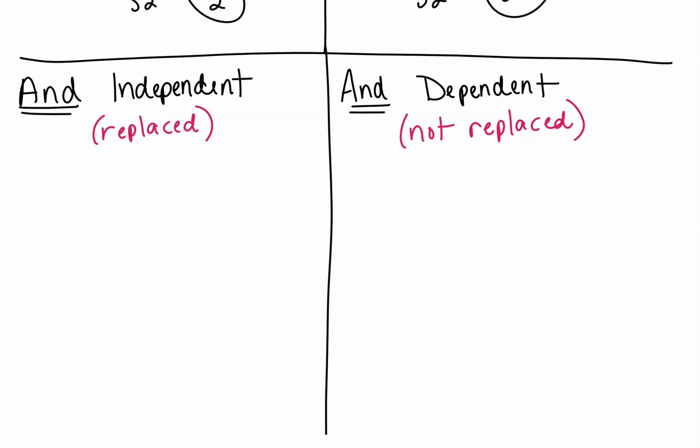So if the item is replaced, they have to tell you that. I'm going to say that again. If the item is replaced, they have to tell you that. So this has to say replaced. If the item is not replaced, sometimes it will say that, but lots of times it doesn't, and it doesn't have to.